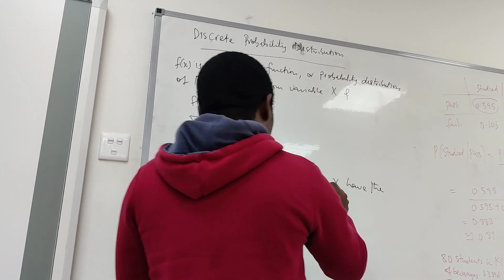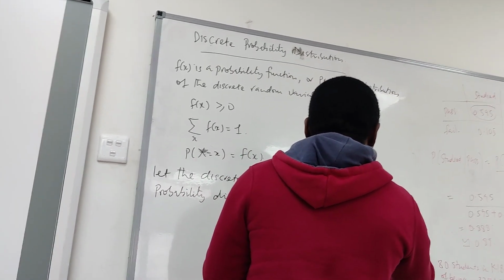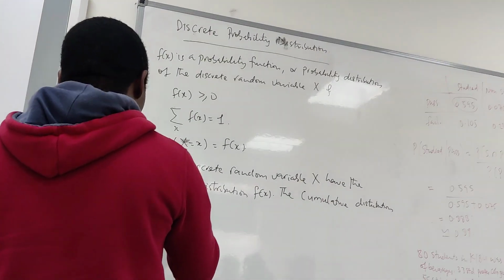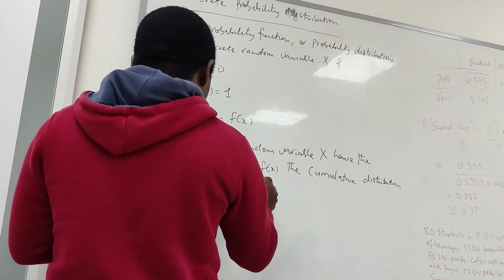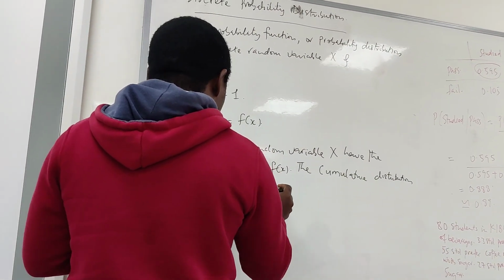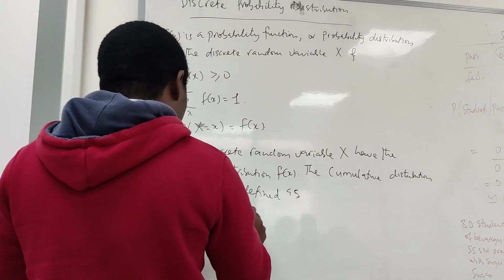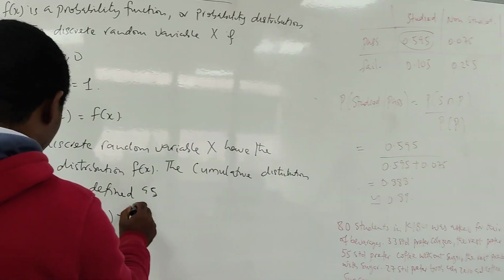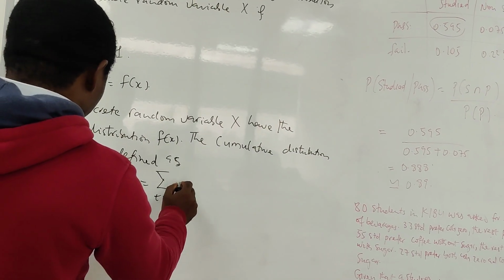The cumulative distribution function F of x is defined as F of x equals the probability of X less than or equal to x, which is equal to the summation over t less than or equal to x of f of t. So this is the cumulative.